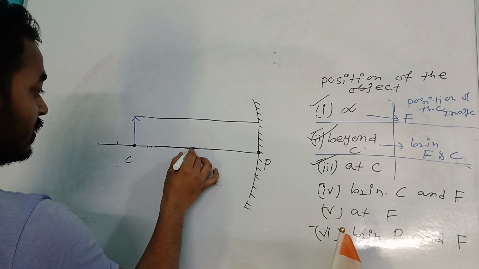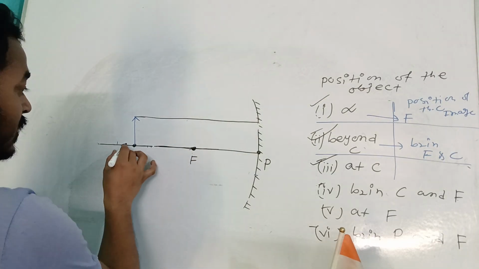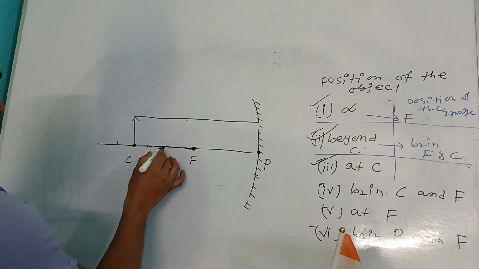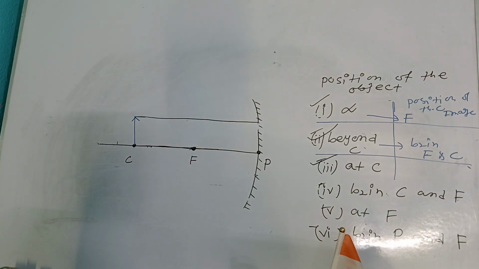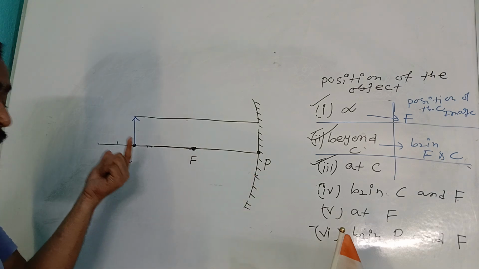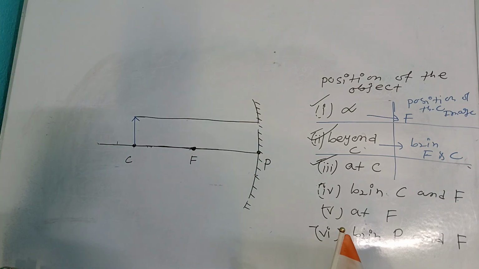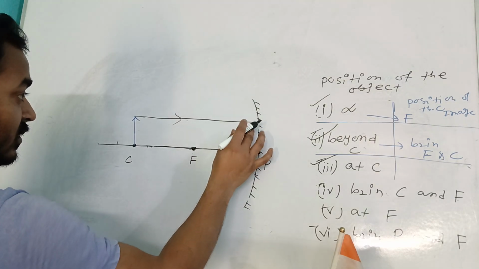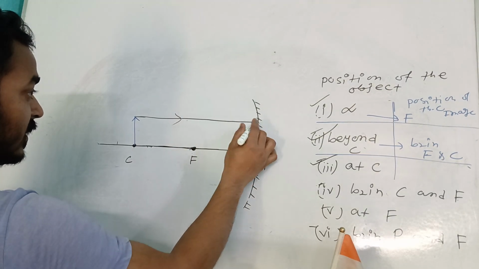Okay, this is the focus, this is the center of curvature, and this is the pole. And which point do we have to remember? P to F and F to C will be the same. So when a ray is parallel to the principal axis, after the reflection it passes through the focus.